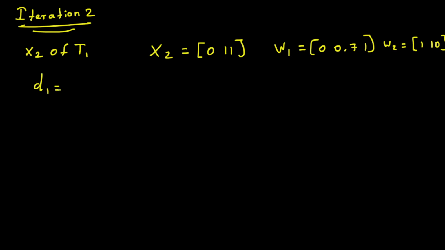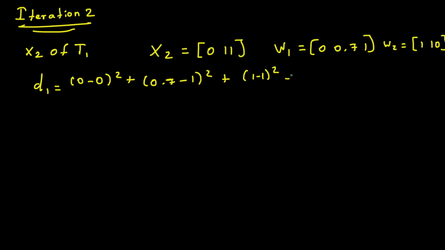D1 is gonna be 0 minus 0 square plus 0.7 minus 1 square plus 1 minus 1 square.